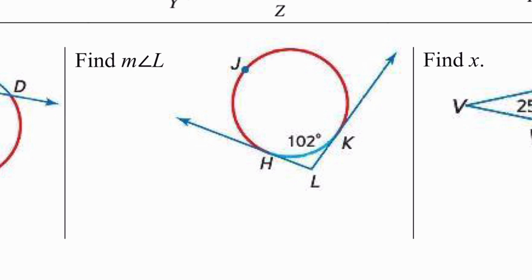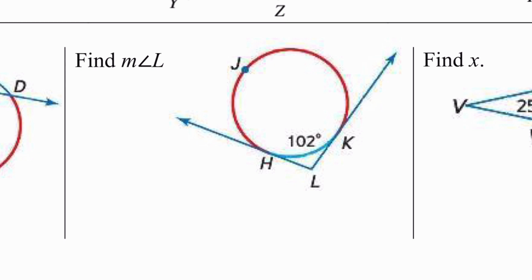So if this here is 102 degrees, and we know that a circle is 360 degrees all together, it's basically this part plus this part, which gives me the whole.